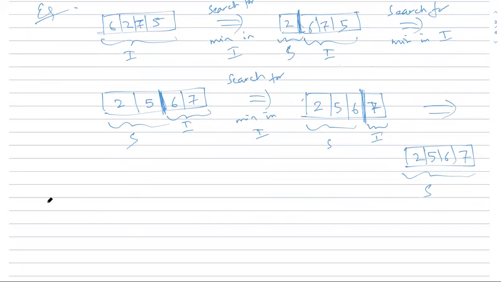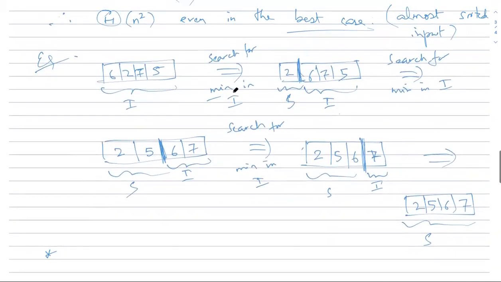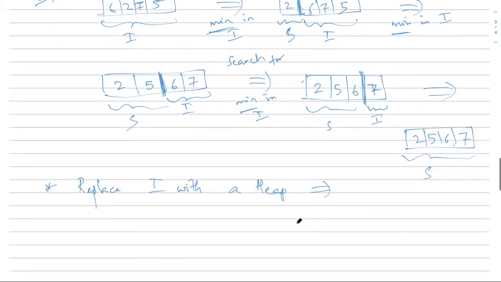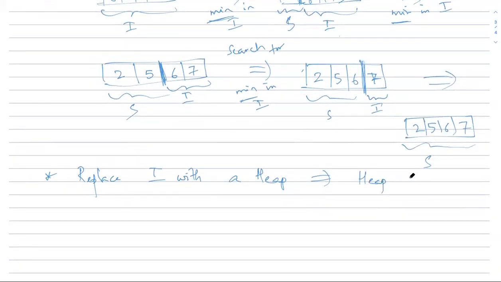So very interesting insight here. So at every step, look that we are looking for the min at every step. And we just learned how to efficiently look for min. So if you have a data structure like binary heap, then search for min is simply order of 1 or constant time complexity. So if you replace I with a heap, then this selection sort algorithm turns into a heap sort algorithm.